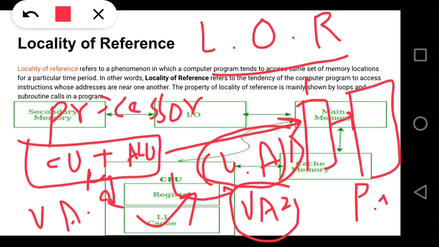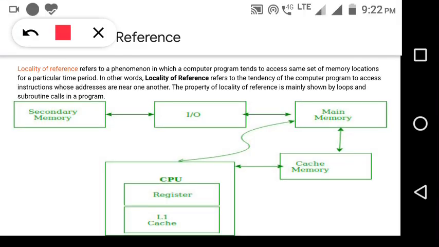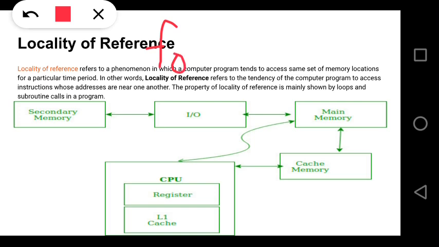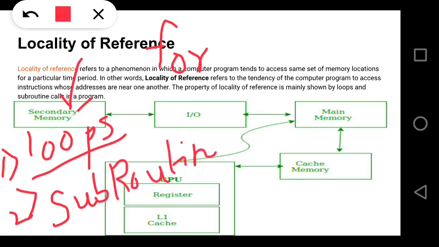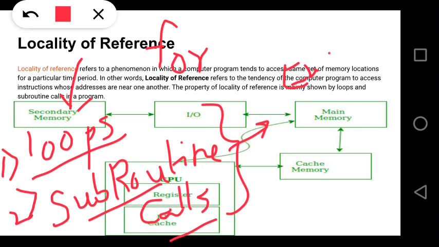Let's understand some examples, then we will understand its importance. In a simple C programming language, the examples for locality of reference are, first, loops, and next, subroutine calls.